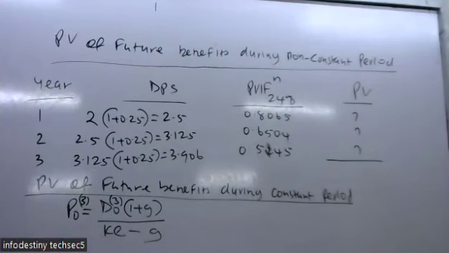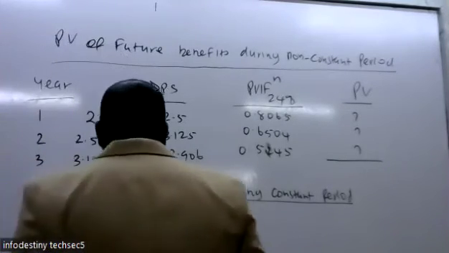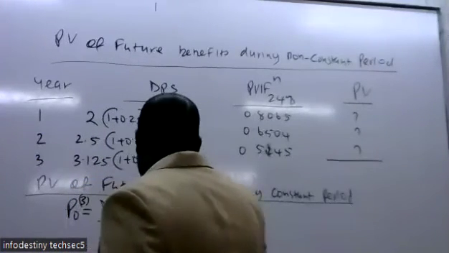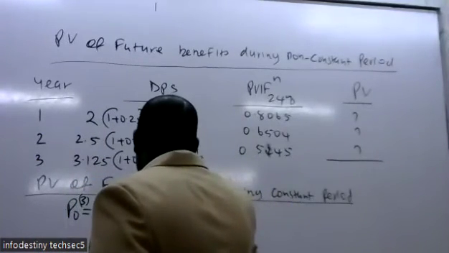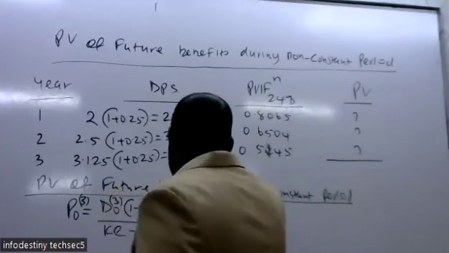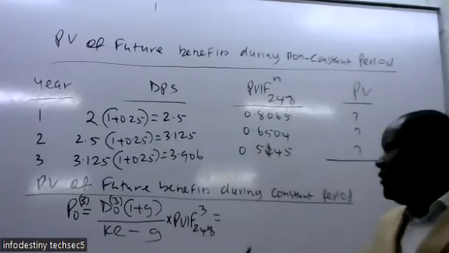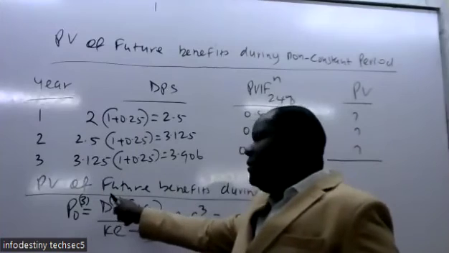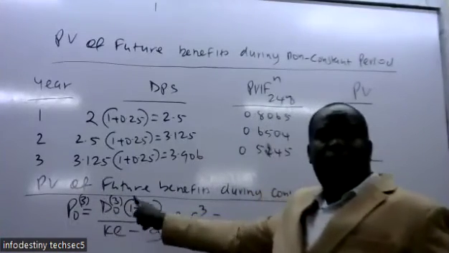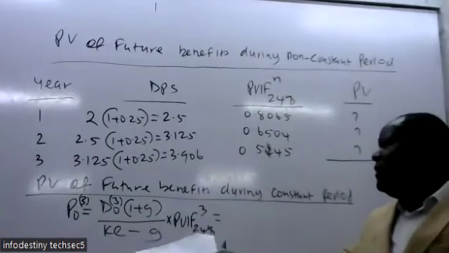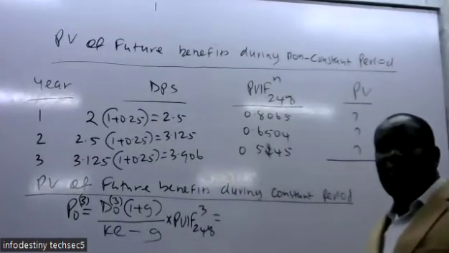So to get that figure in year 0, we discount it at the present value interest factor, 24% in year 3, because we are converting it to year 0, but it is in year 3.